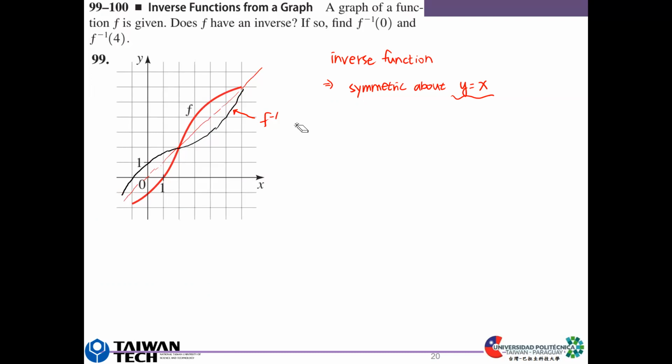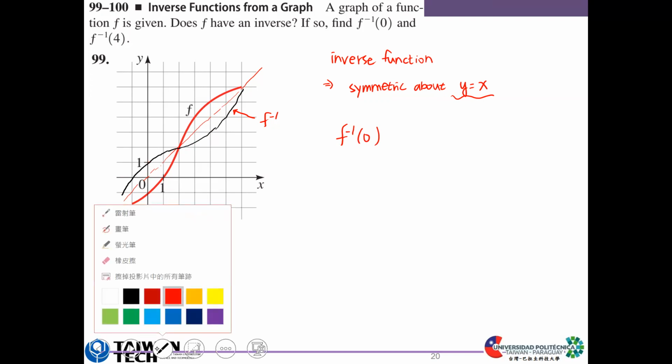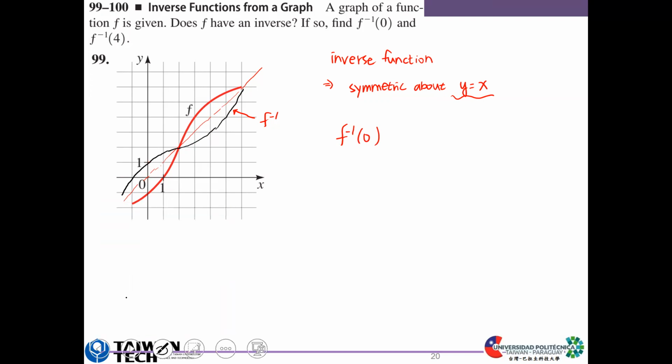That means f inverse. So f inverse of 0 is here. Let me use a different color, black. f inverse of 0 is 1. And f inverse of 4: 1, 2, 3, 4, which is here.